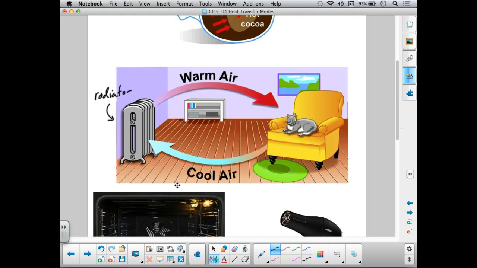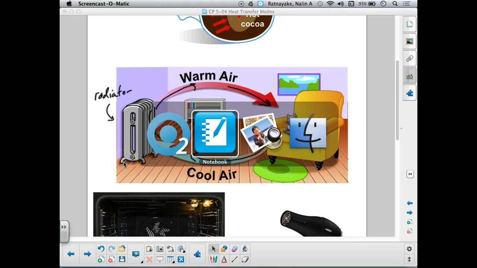Air comes in here and gets very warm by touching the radiator. It's going to rise and flow around the room because it's pushing colder air out of the way. The colder air comes back around from the ground and goes back to the radiator. We have this circular motion of air convecting throughout the room. That is called natural convection.